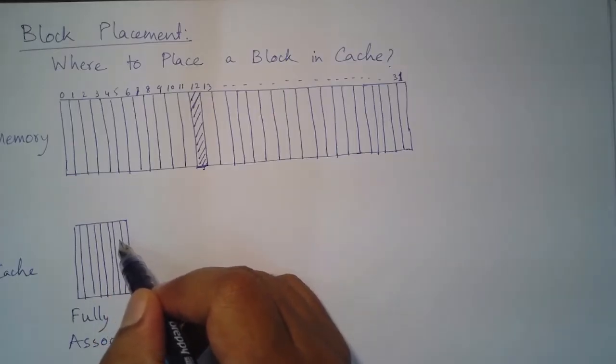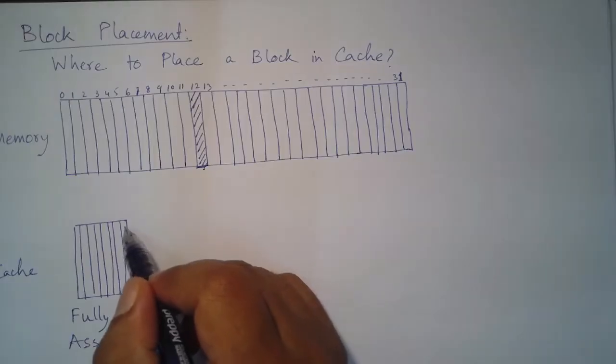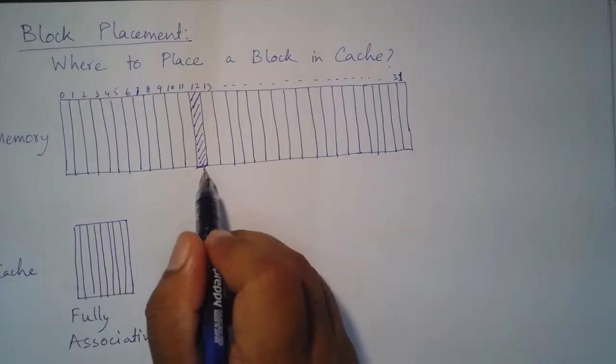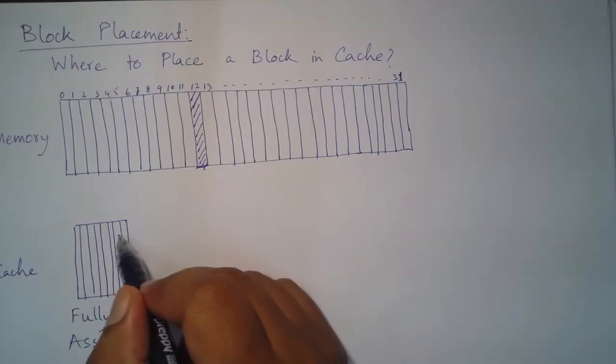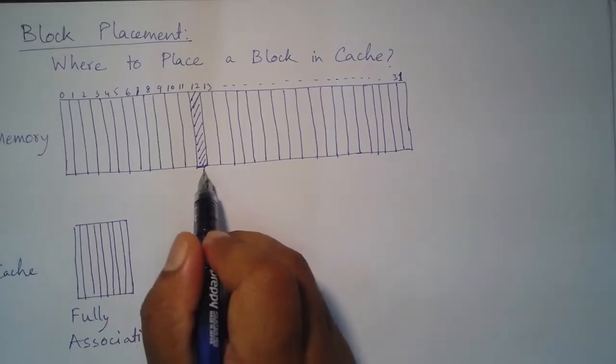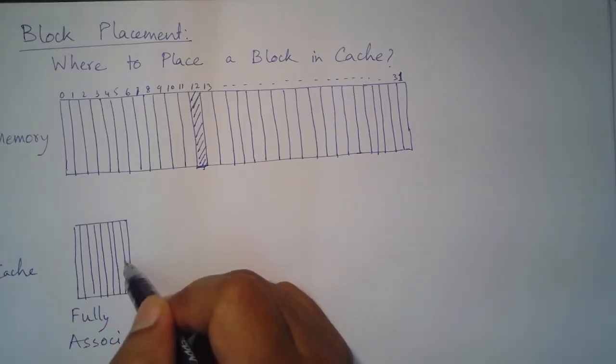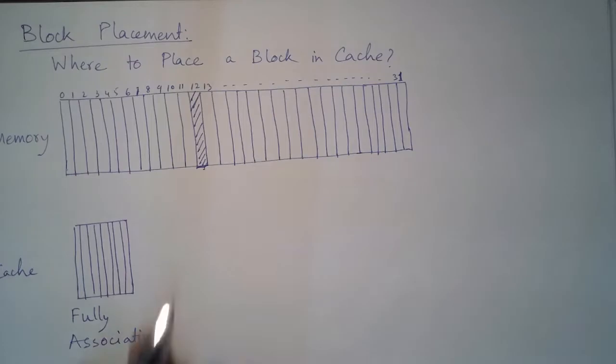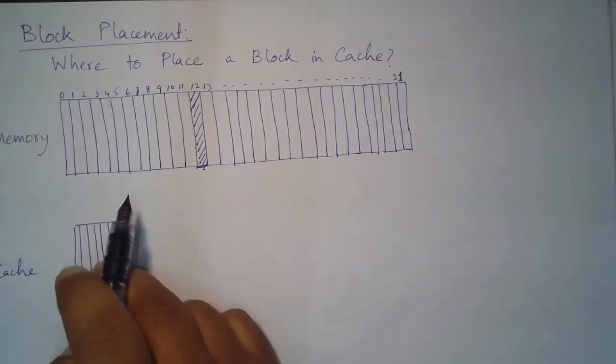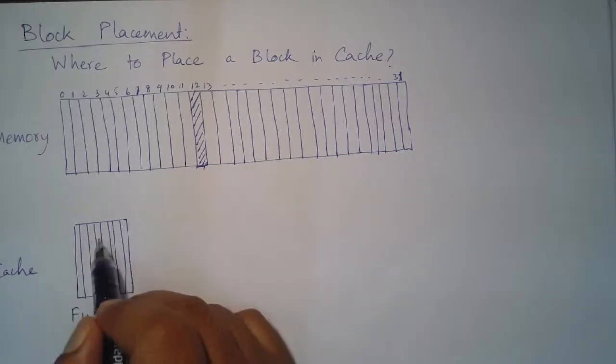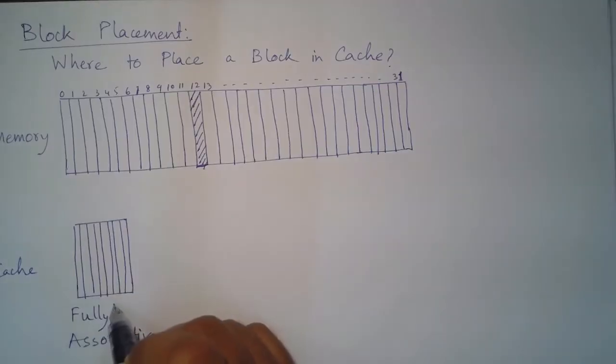So that can be one strategy, or let's say the block which is least recently used, the block which is not getting used very much, I will replace that particular block in the cache with the new memory block from memory. And since I don't have any restriction, I can put it anywhere. So this block can be in any location. That gives me a lot of flexibility.